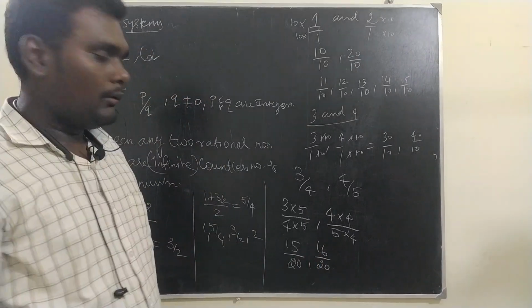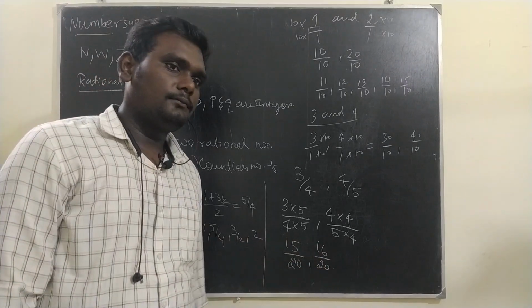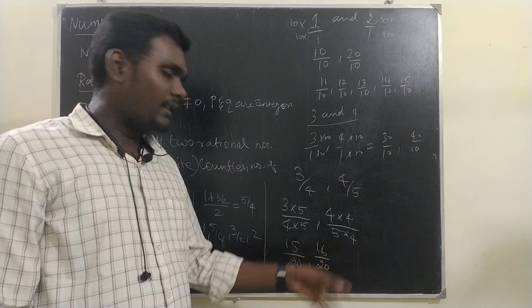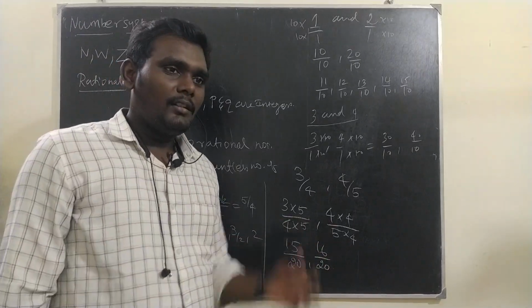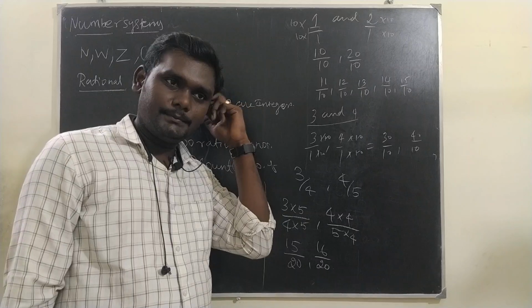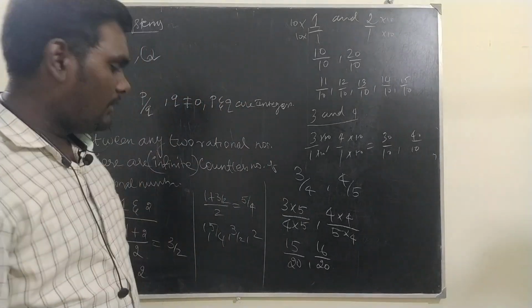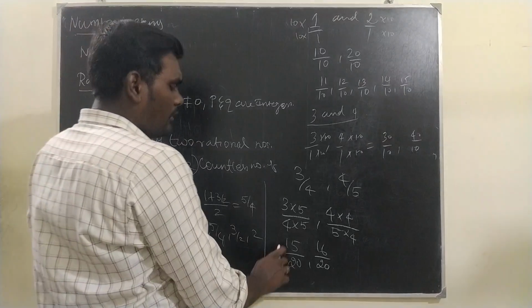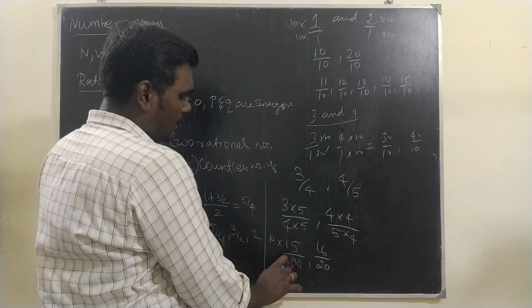Now, as you can see, these are again continuous numbers. We can't say 16 by 20, 17 by 20 because it is already there. Between these two we have to find. Will it be sufficient for us? No, it won't. So again, we multiply by any other number. Simply 2 will also do. I am doing 10 so that it would be easy.